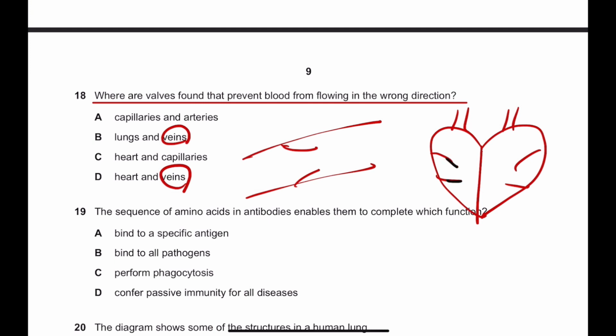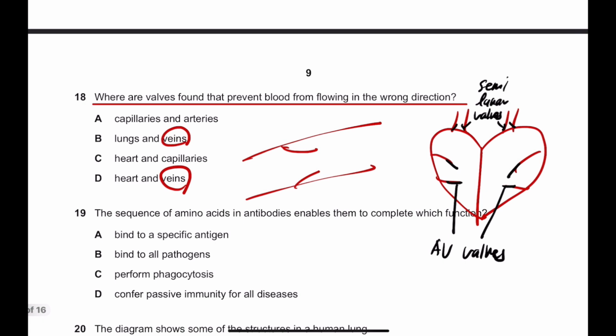There are valves called AV valves, atrioventricular valves, and there are semi-lunar valves, strictly speaking not in the heart.